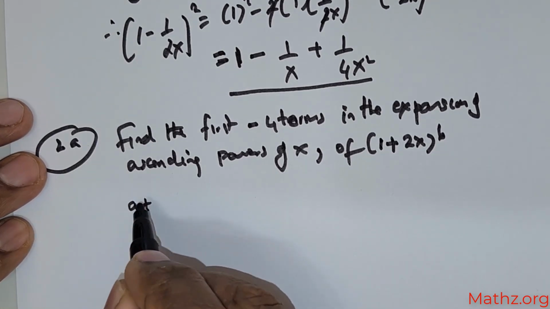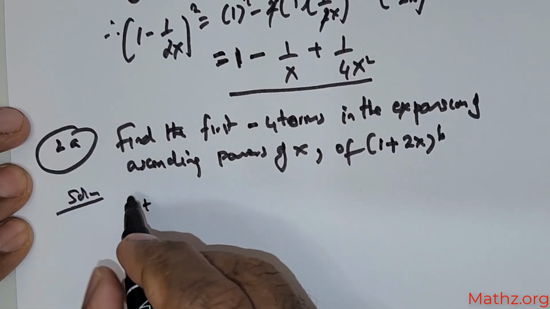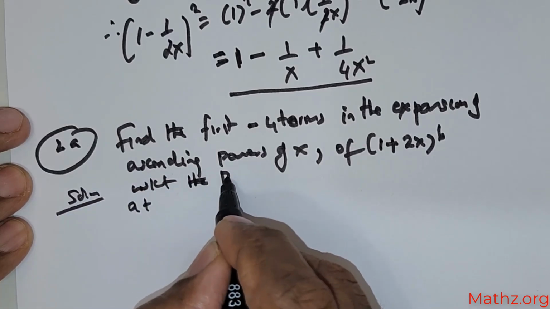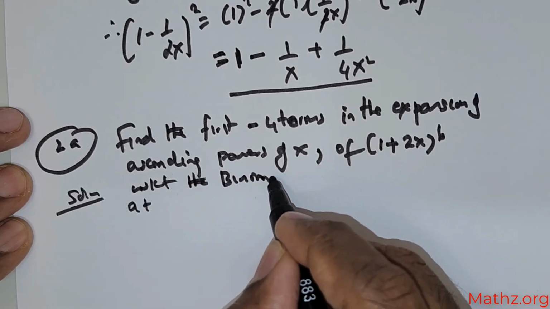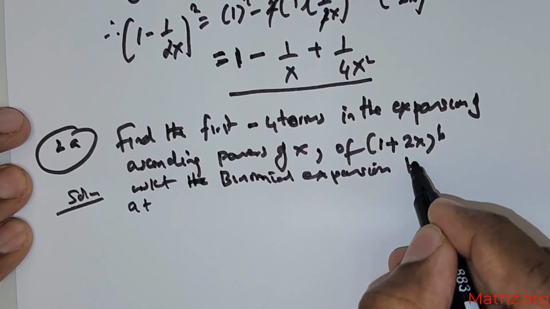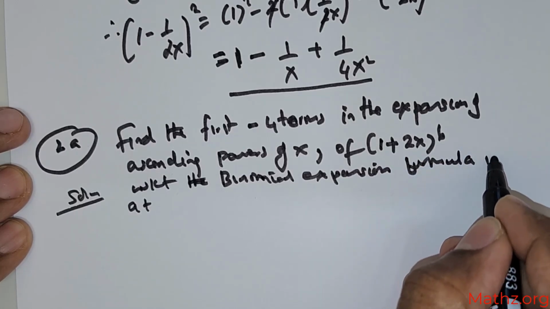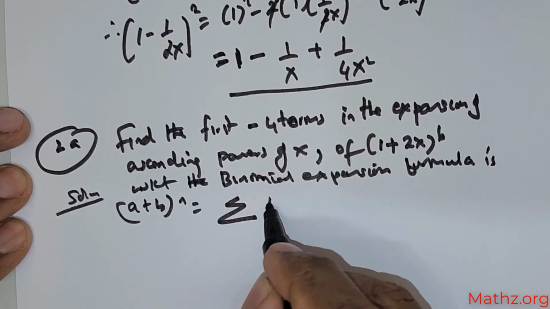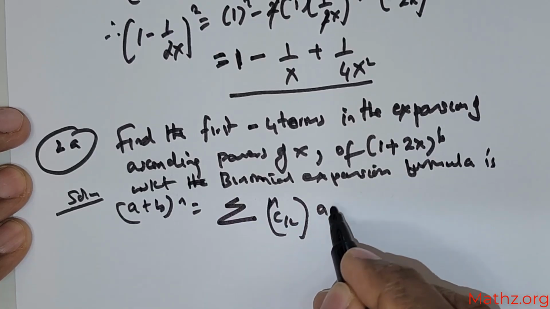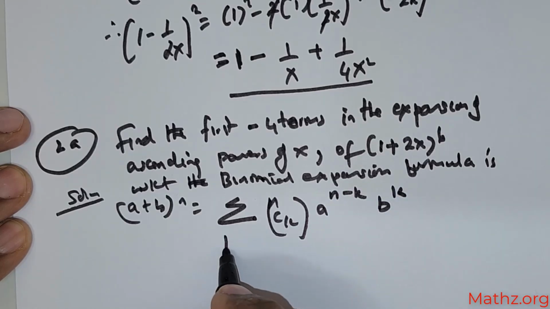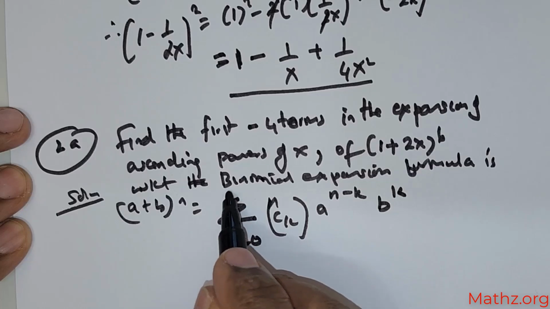So this is the solution. The binomial expansion formula we know is (a + b)ⁿ equals the sum of nCk aⁿ⁻ᵏ bᵏ, where k goes from 0 to n.